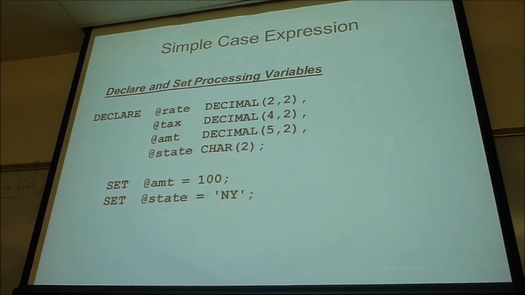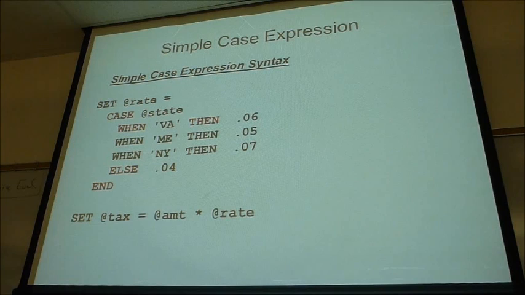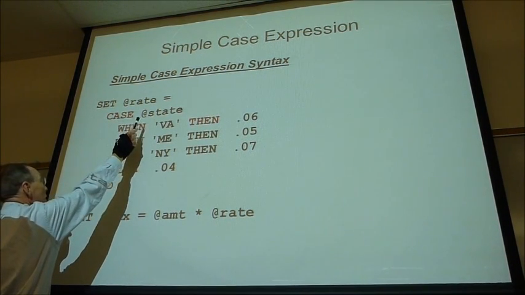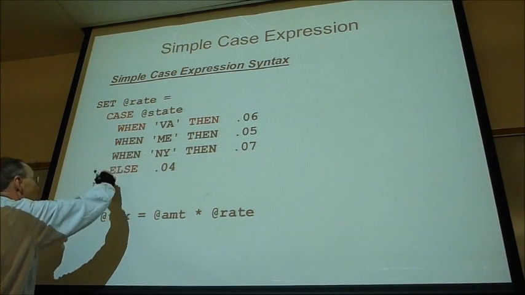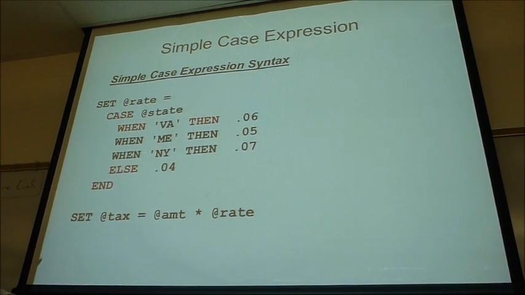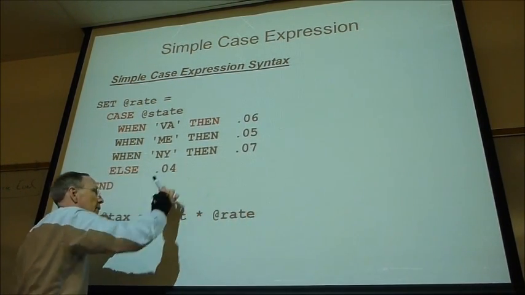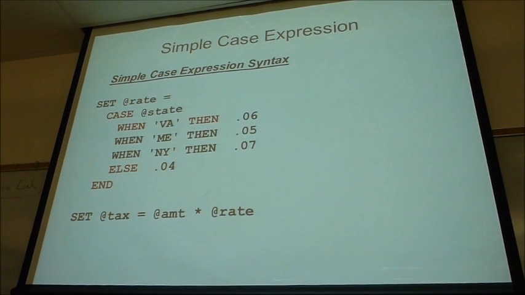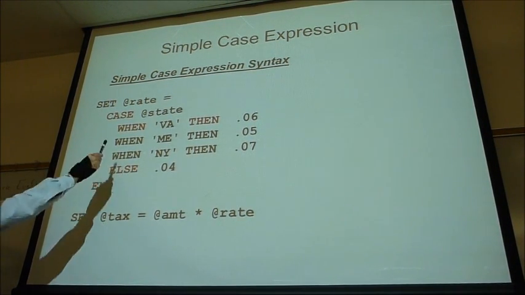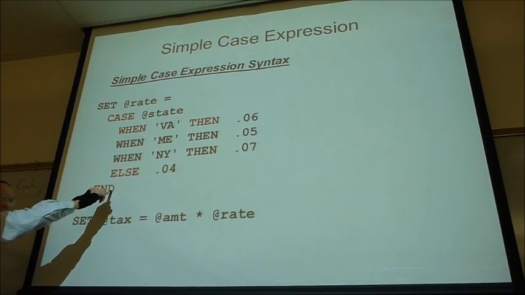So our computation is our case expression. It is an expression, because here I'm doing the set at rate assignment, and this produces a result, the value. It's going to have that value, that value, that value, or that value. It's a multi-way selection. The syntax is the keyword case, and it has to have an end to it.